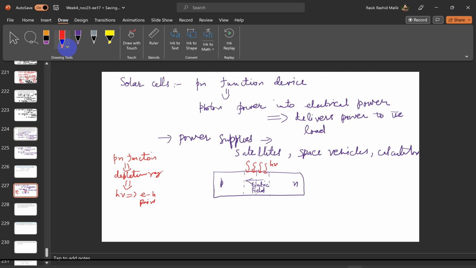But then we have this electric field, and so these excess electron and hole pairs are swept if we have a load connected to this PN junction. Say this is my resistor R. So corresponding to this load we will have a photon current.